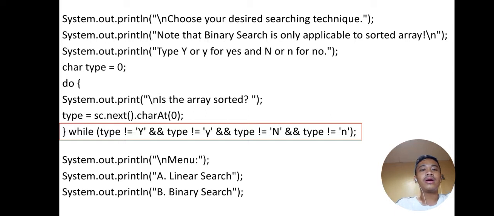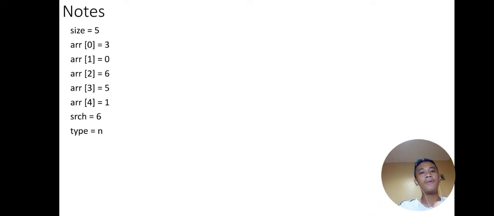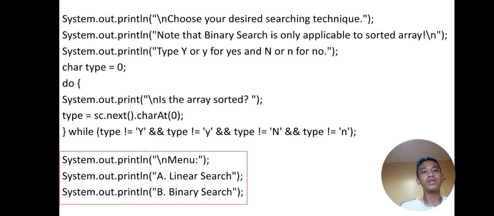And small n is not equal to small y is true. And small n is not equal to big N is true. And small n is not equal to small n, that means false. So since it is false, it will jump to our next block of code.